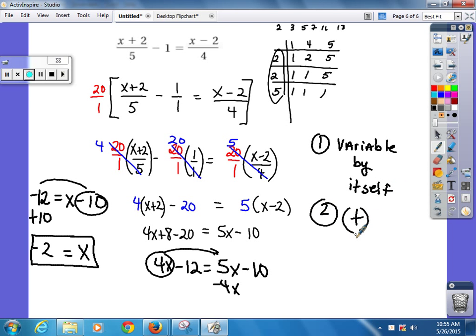I didn't say anything about the number. The number is like a tail on a kite. Where the kite goes, the tail goes. Where the variable goes, the number goes. This is the kite, that's the tail. It's not the other way around. This does not follow this. This is the kite, and that's all you're worried about.